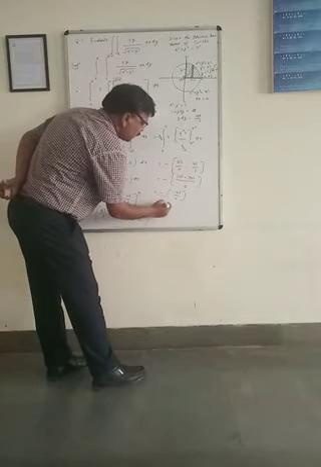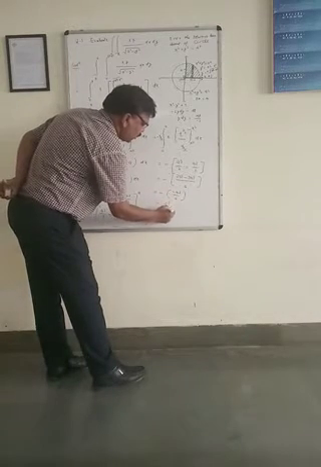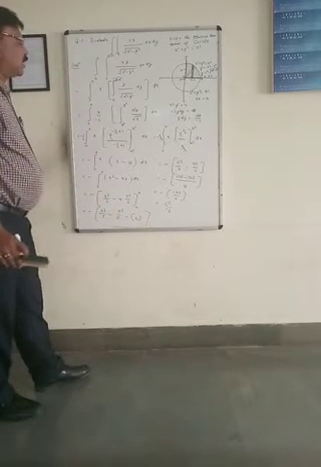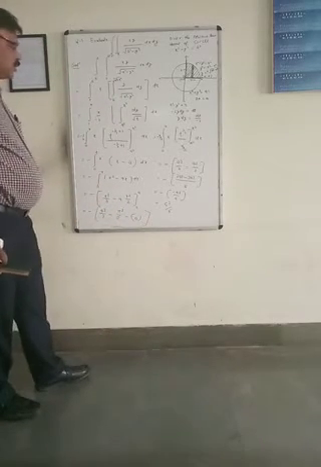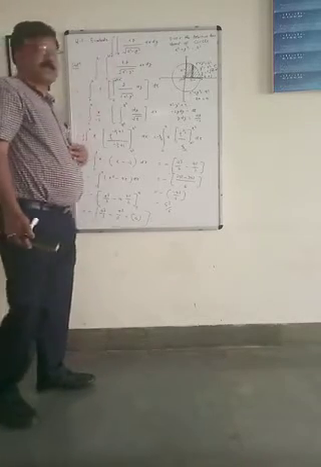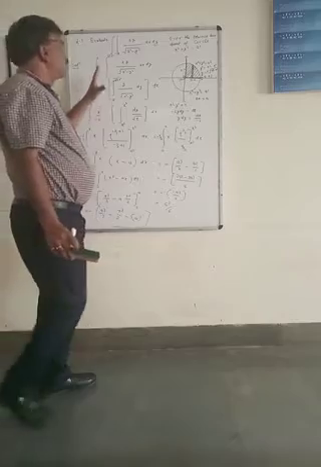So the minus is cancelled out and we get a cube upon 6. This is the final answer of this integration, which is in front of you.